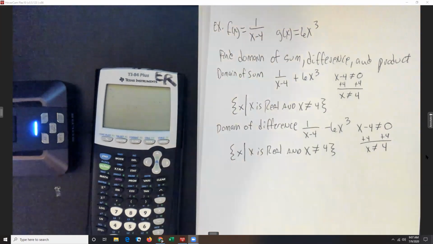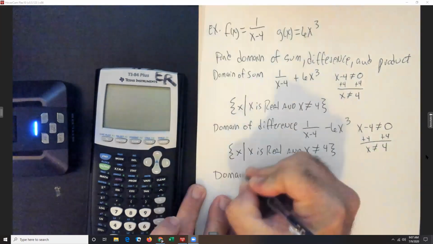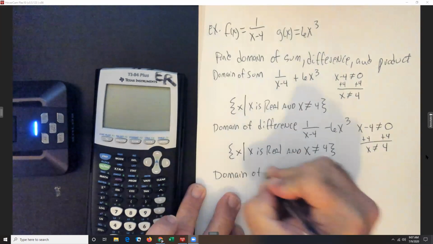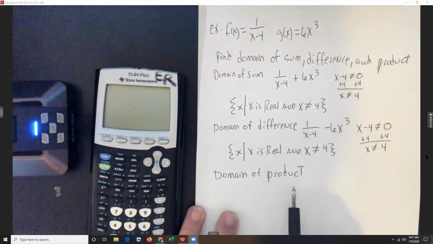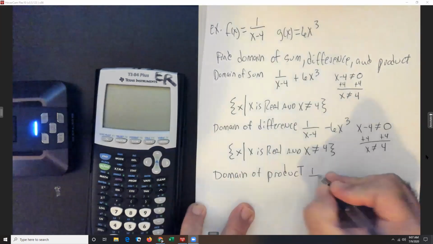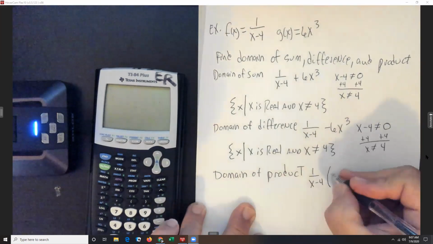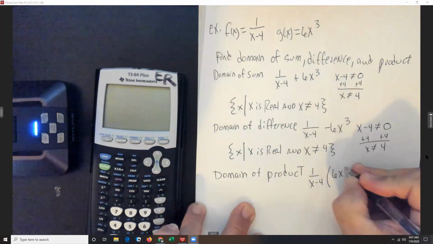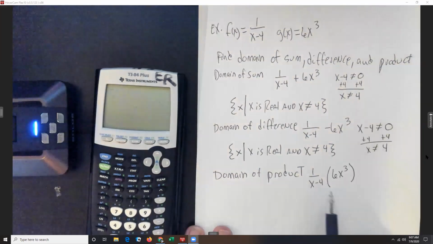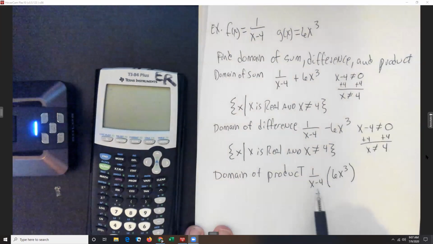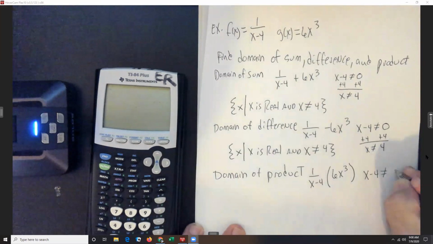And for the product, that'll be multiplying. So the domain of the product will be the f of x, which is 1 over x minus 4, times my g, which is 6x to the third. Once again, I've got a fraction, which means x minus 4 cannot equal 0.